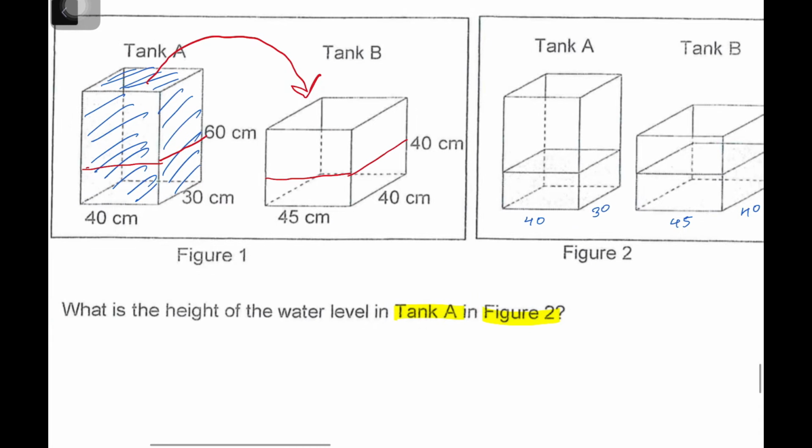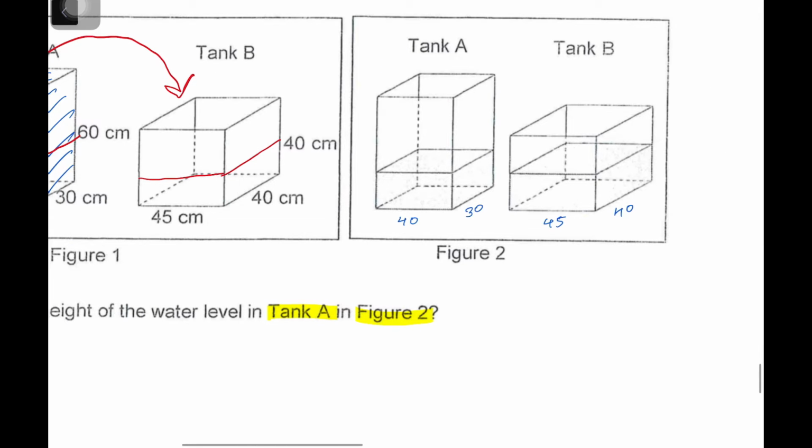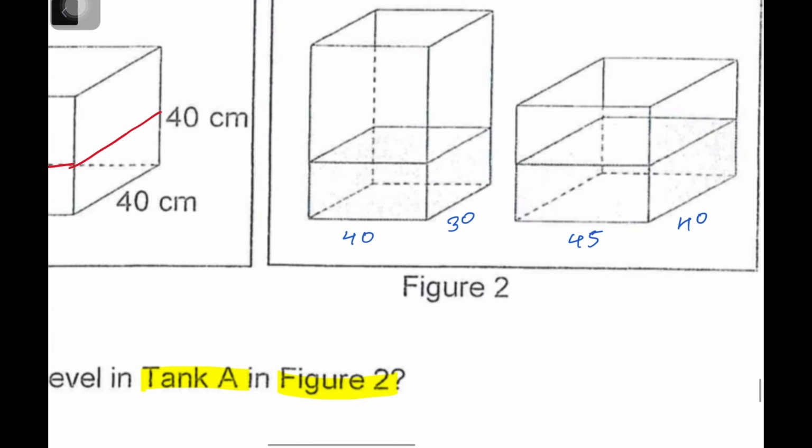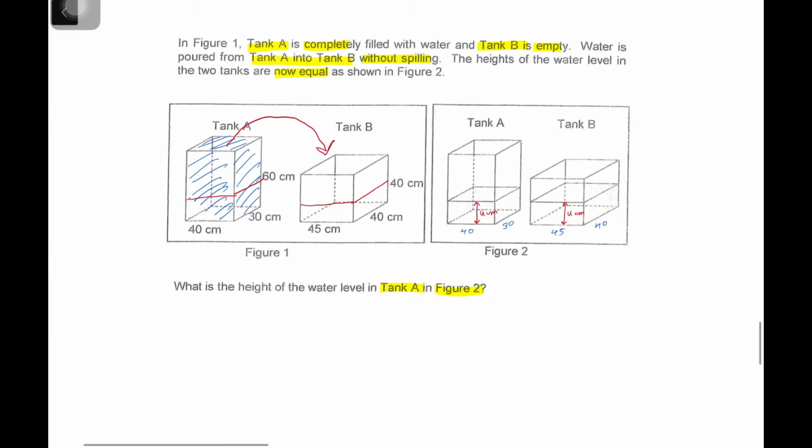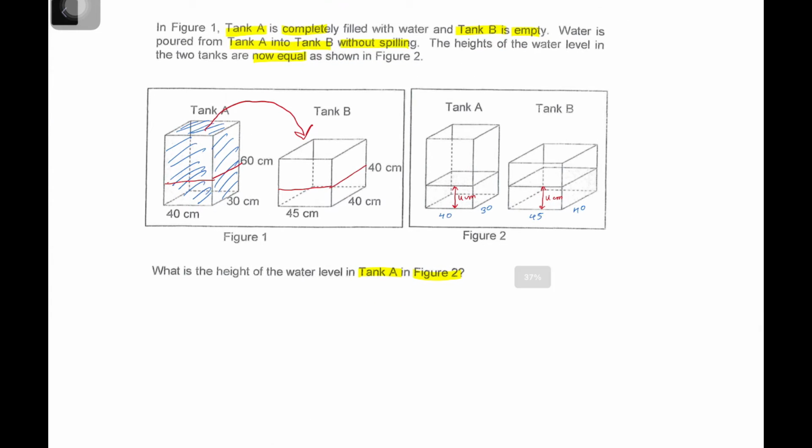Now, the heights of water level in both A and B are the same. So I'm going to label the height for tank A as U centimeters and for B, U centimeters as well. You can label this as anything you want as long as it's easy for you to understand.